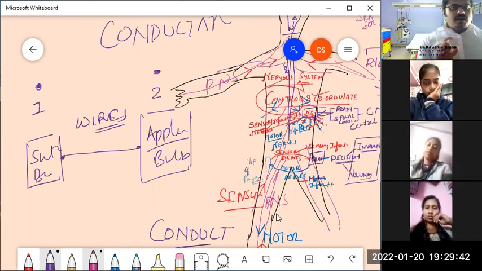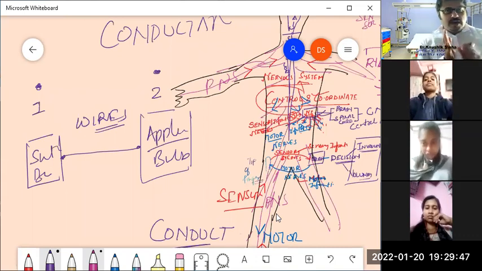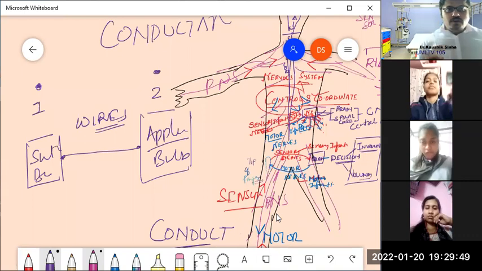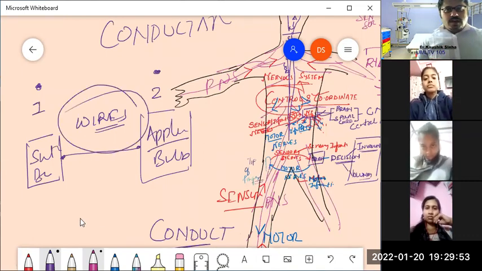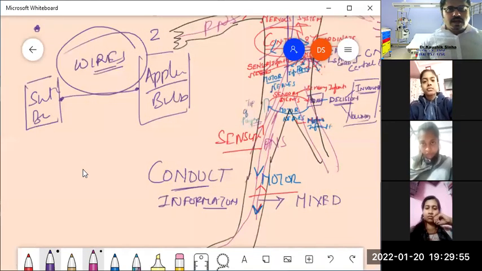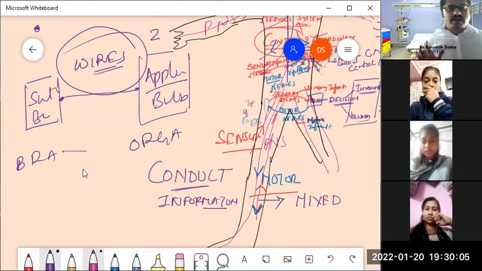But the connection between these 2 different points, one is the switchboard and there is the bulb, is through the help of what? Wires. Similarly, in our body, the connection between the brain and an organ, these 2 are, say for example, distantly located, are with the help of nerves.